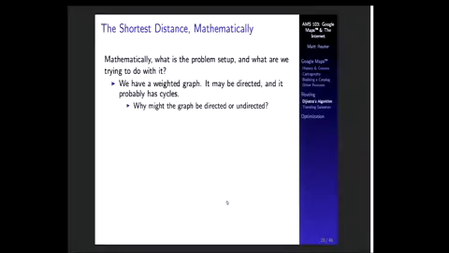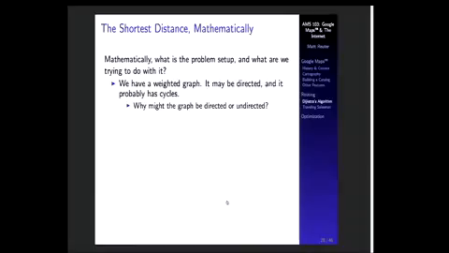If we were looking at airfare or airplane connections between these different cities, maybe instead we'd look at the price of the ticket. That could be another way we determine what's best: what's the cheapest way to get from New York City to Chicago, or New York City to San Francisco, etc. And so we have this weighted graph that reflects however we're defining best. Okay? So our graph is weighted.